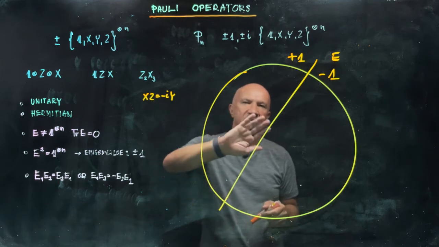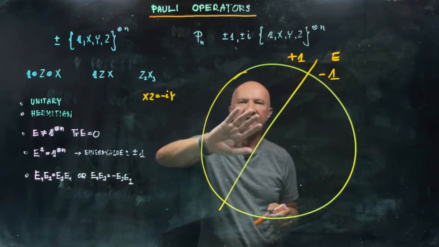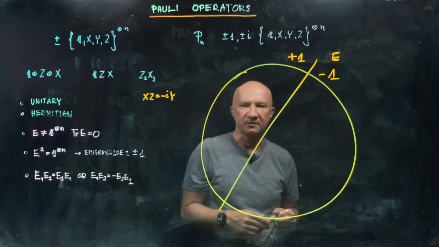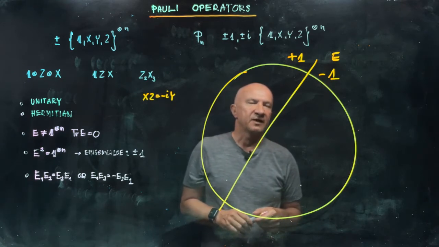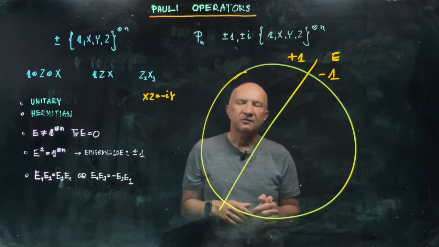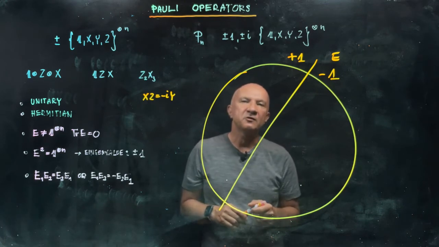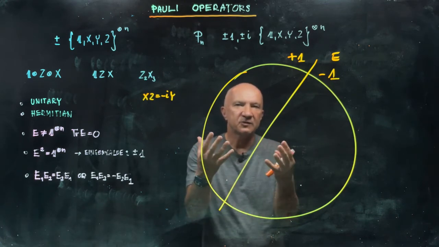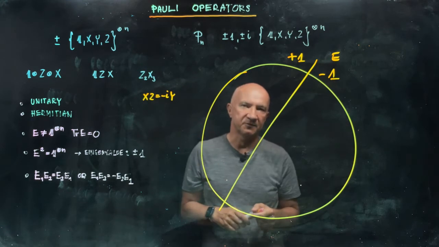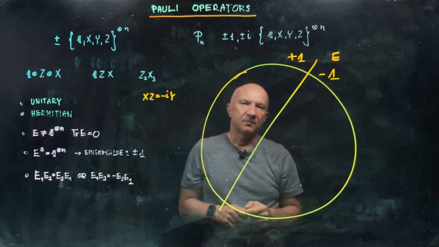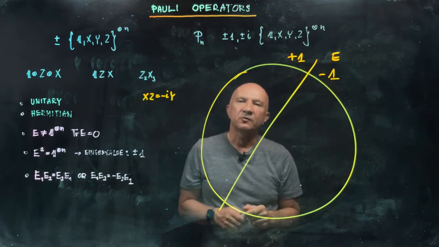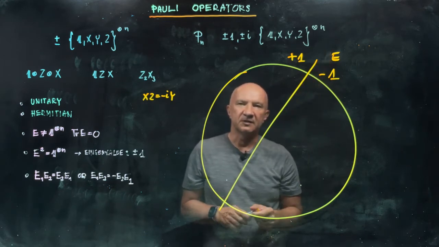So the eigenspace associated with eigenvalue plus 1 has the same dimension as the eigenspace associated with eigenvalue minus 1. This is actually quite a useful property that we will use to identify the code spaces and the error subspaces. So we just pick up one particular Pauli operator that will bisect the Hilbert space in one way.